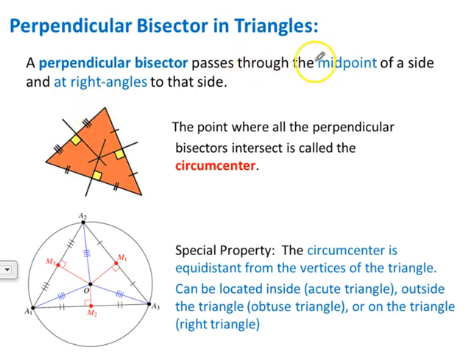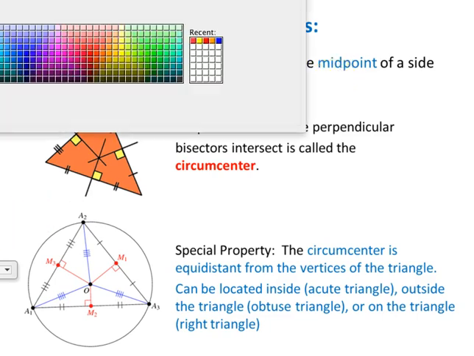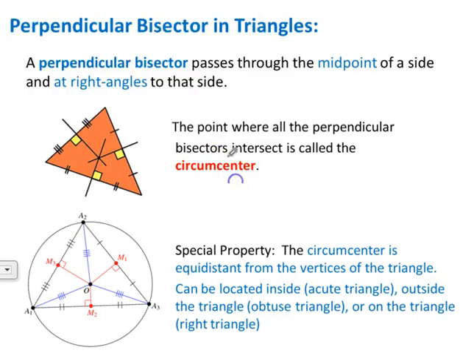What it is, is a segment that passes through a midpoint of a side of a triangle. So remember, a midpoint divides a segment into two equal parts. It passes through a midpoint of the side of a triangle, and it also has to be at right angles to that side. Remember I said that each of our segments is going to contain two special characteristics.